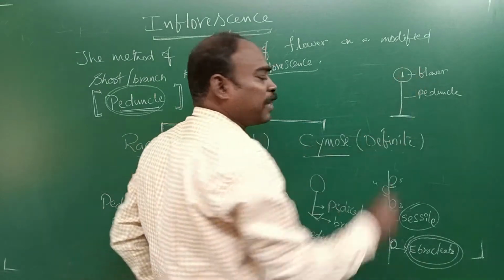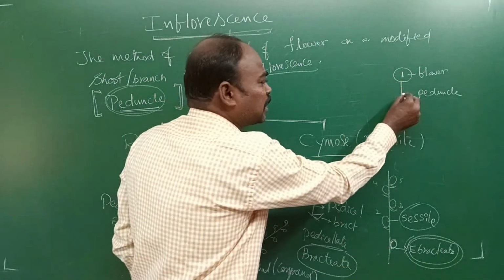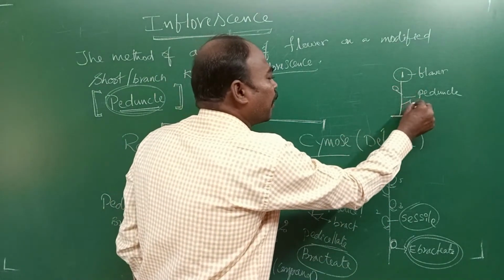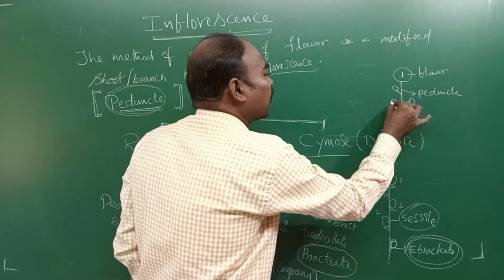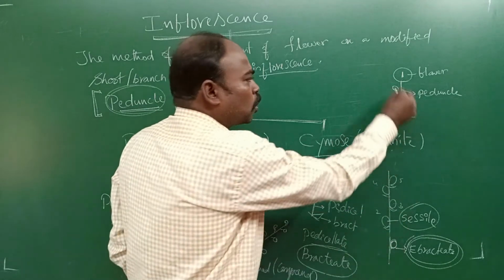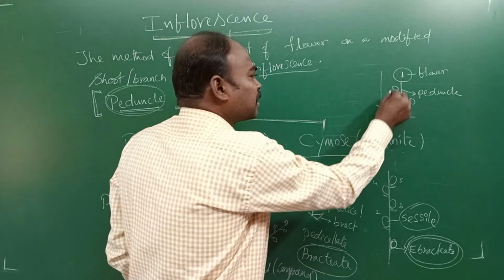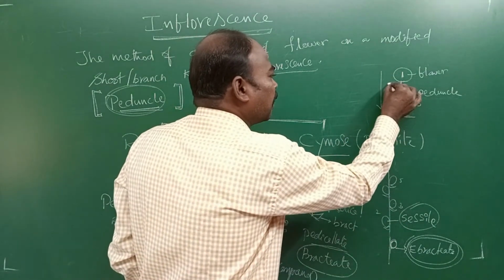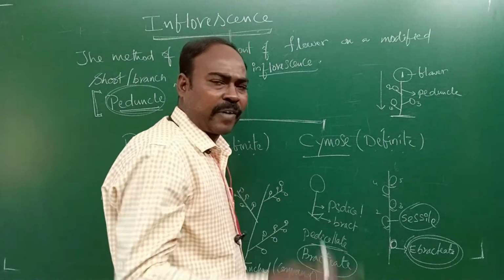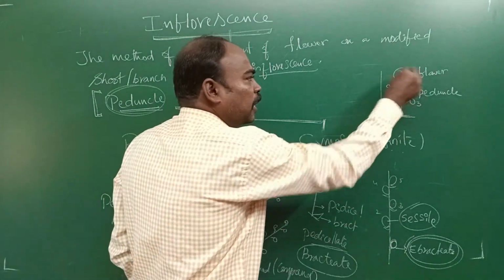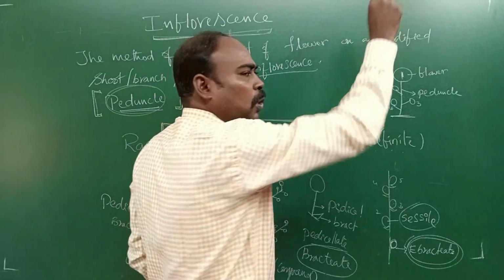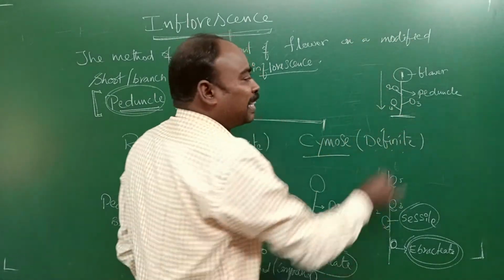So the first flower terminates, and towards the base of the peduncle some more flowers will be developed. The next flowers, second, third, fourth, or five or six, whatever the number may be. The first flower is formed at the tip and further growth of the peduncle stops.